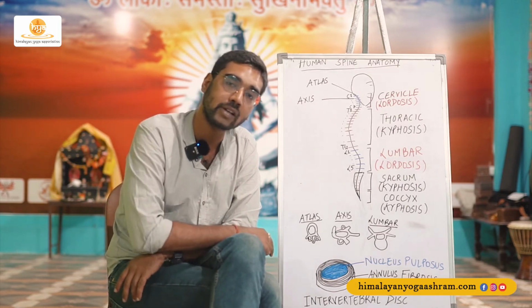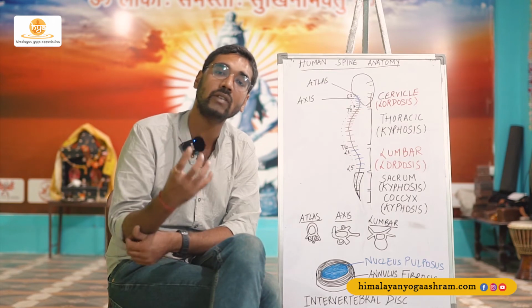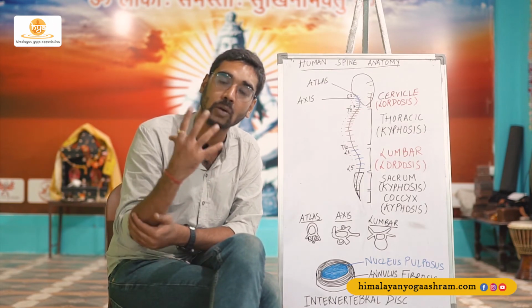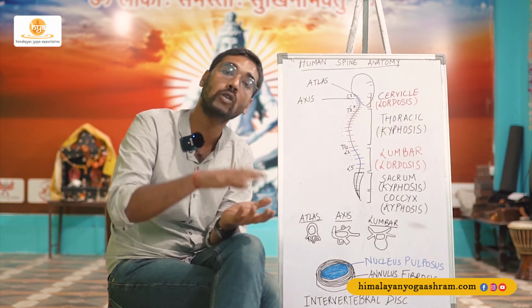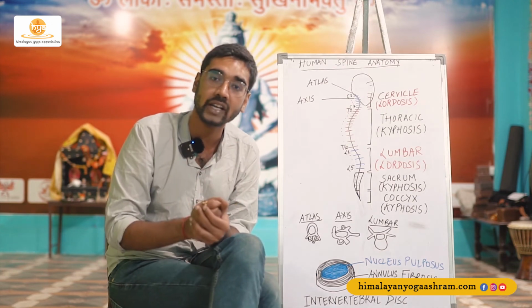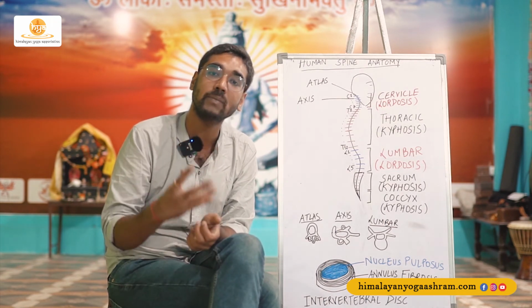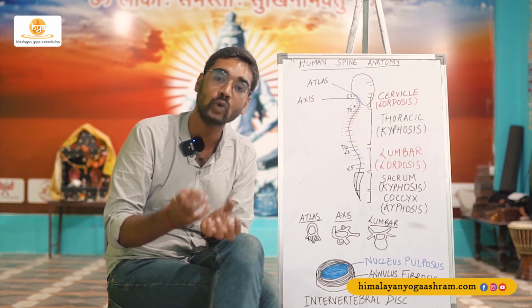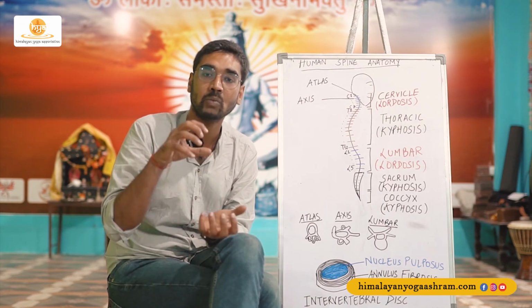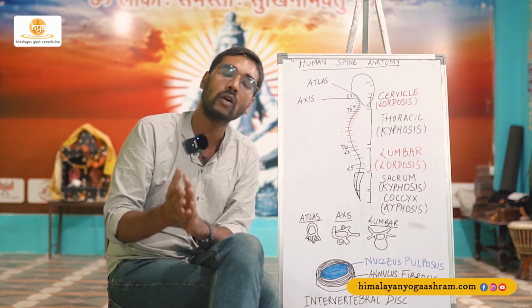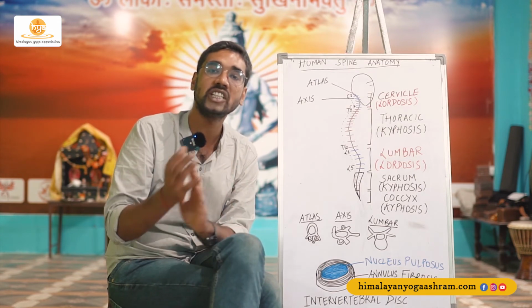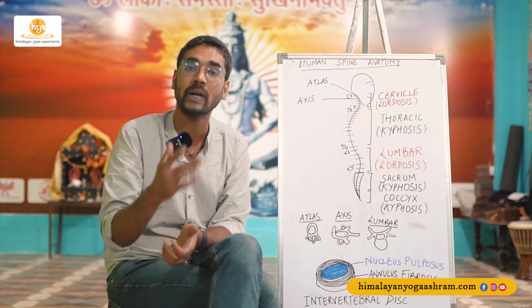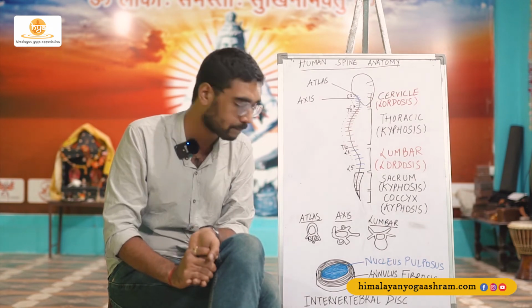These intervertebral discs are basically the reason why the spine is able to absorb shocks, and why the spine is able to glide so freely in all directions. That's because these intervertebral discs are not made up of bones, they are made up of fibrous cartilage, and that is the reason why they are able to squeeze whenever it comes down to bearing more weight from the top, or they're able to glide or shift the weight in either direction depending upon the type of movement you're making.